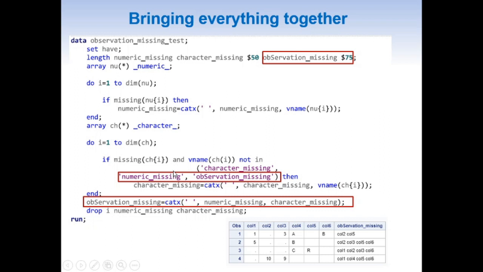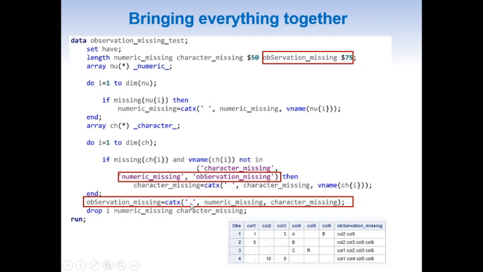And now I have also included one final important thing. That is, once we have captured missing variable names for numeric variables and character variables, I am concatenating those two variables to get the final result of numeric and character variables, and I am capturing them in observation_missing. And finally, I'm also dropping the variables which I don't need.